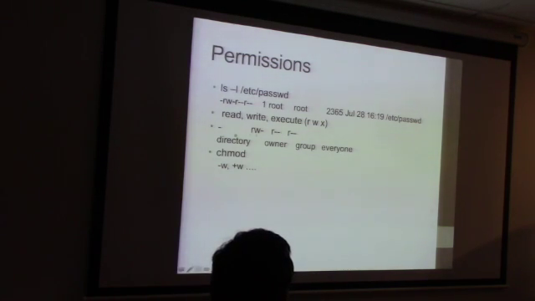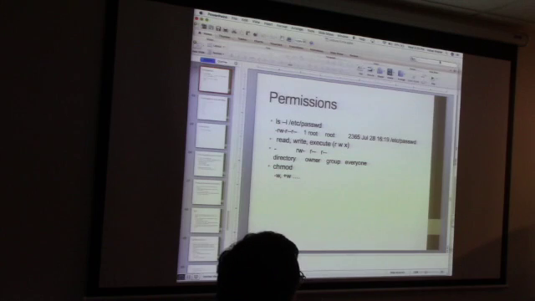The first character tells you whether it's a directory or a file. If it has a D in front of it, then it's a directory. If it does not have a D, then it's a file. Cool?